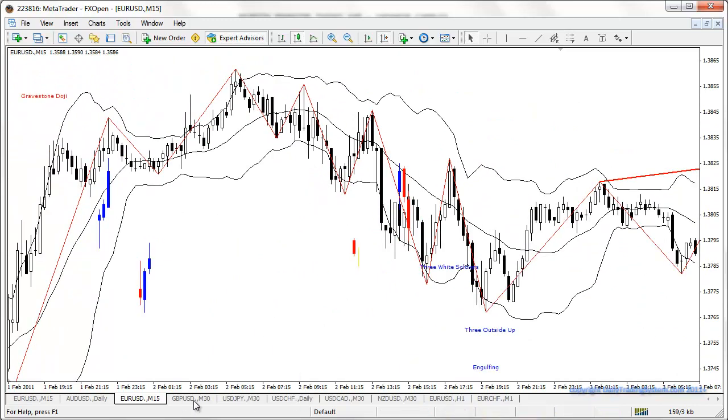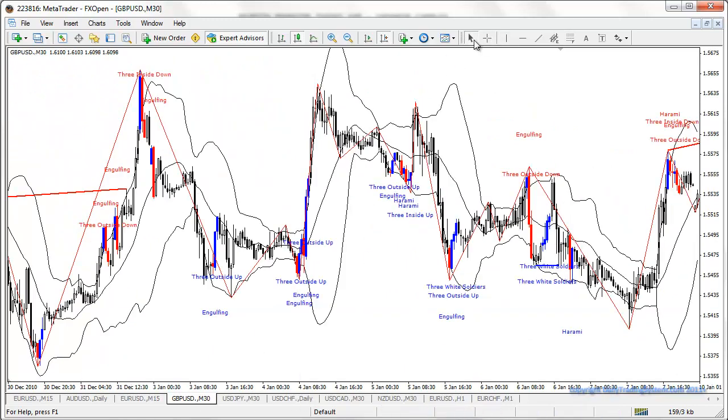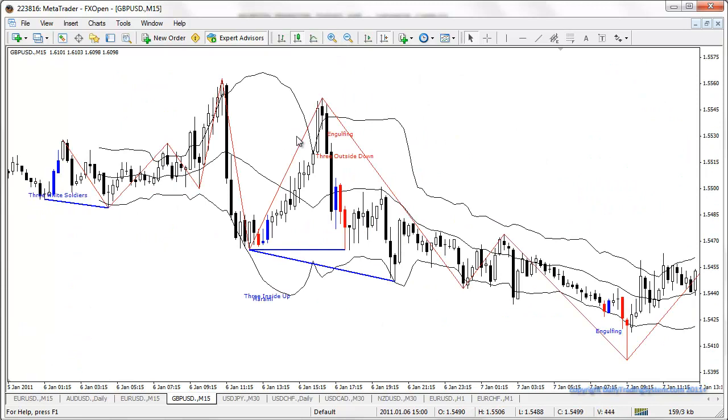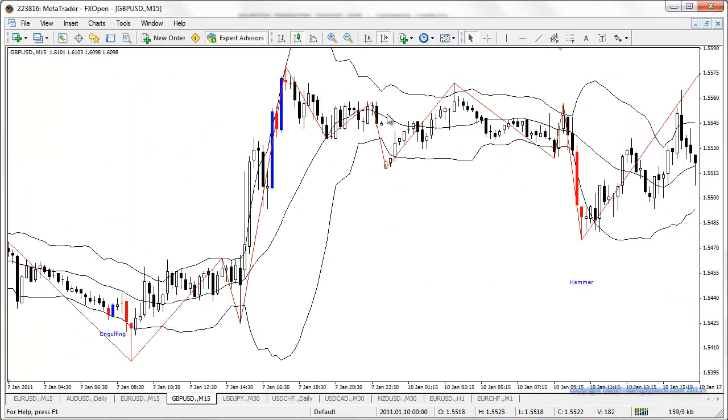Let's see if we can find another one on a different currency pair this time, and this was in the 15-minute time frame. I've just zoomed out there, but here's a similar one. Here we had that abandoned baby and it came up and filled itself.